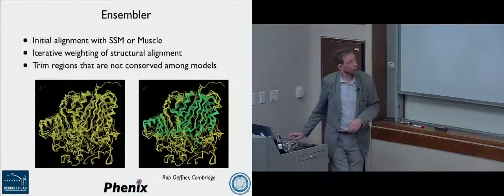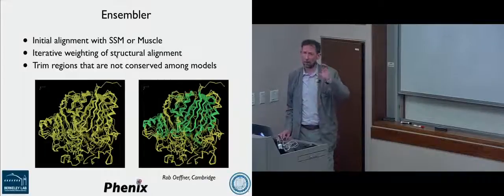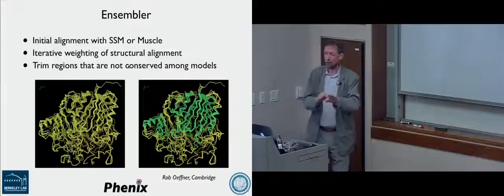So just to show you one example here from Randy's group, this is a serpin, taking many different serpin structures and overlaying them. Those are overlaid automatically with Ensembler, which does an iterative weighting of the secondary structure elements to try and give you a well-aligned core of the structure.